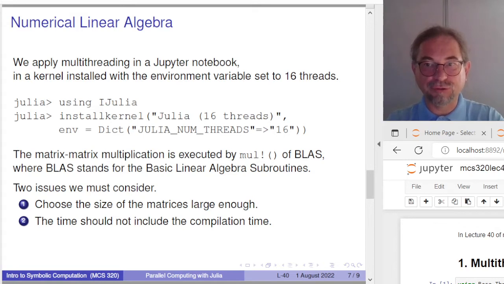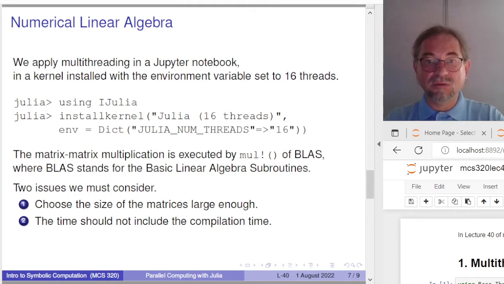With multithreading, one is limited by the capability of the processor. Here I'm doing this on a fast Windows laptop, and I can go up to 16 threads. On your end, you may have to set this Julia environment variable to something less or perhaps something more.